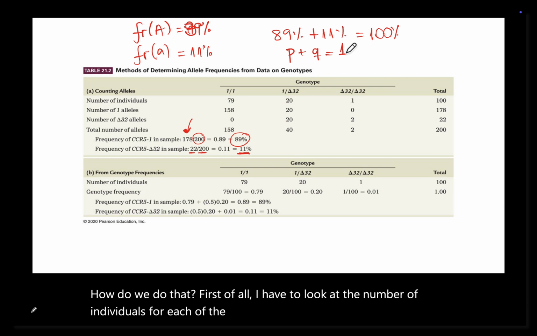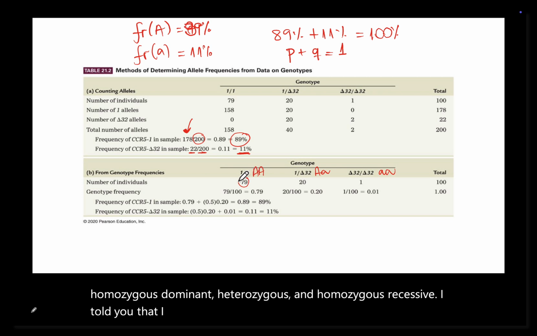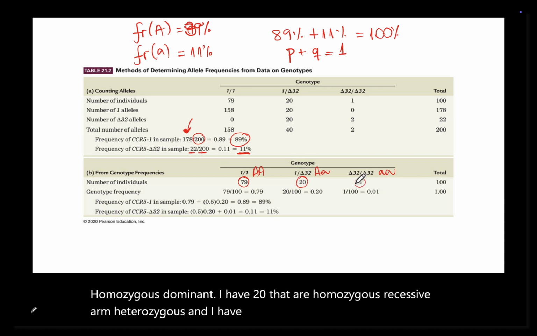So the genotypes here are homozygous dominant, heterozygous, and homozygous recessive. I told you that I have 79 that are homozygous dominant, I have 20 that are heterozygous, and I have only one that is homozygous recessive.